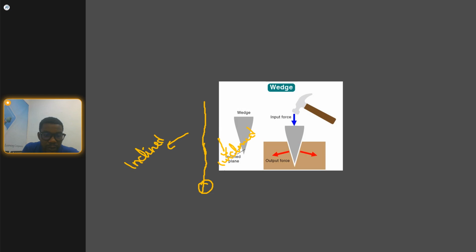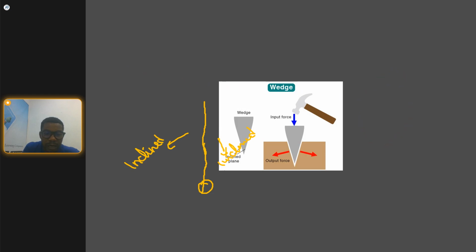And this illustration explains it. We have the wedge. This is the wedge. And let's take this as the timber. Now applying a force with the hammer.